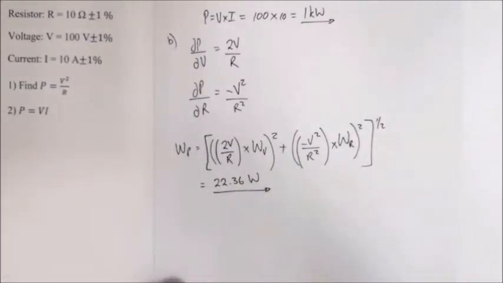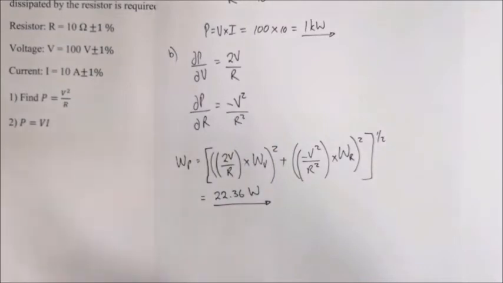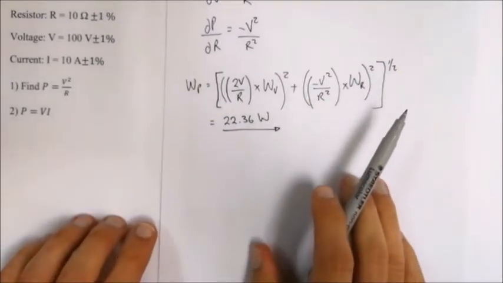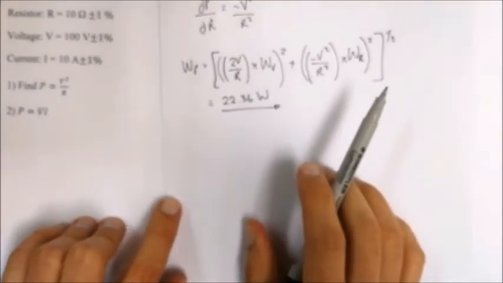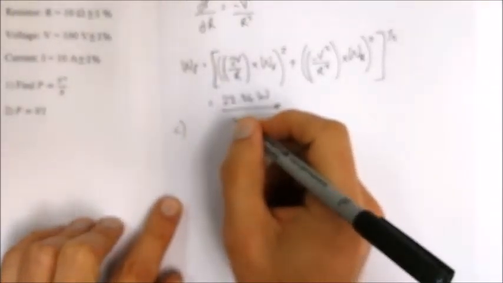Okay, let's have a look at the equation of power is equal to voltage times current and apply the same type of principle over here. So I'll call this C. We've got to look at dP dV.